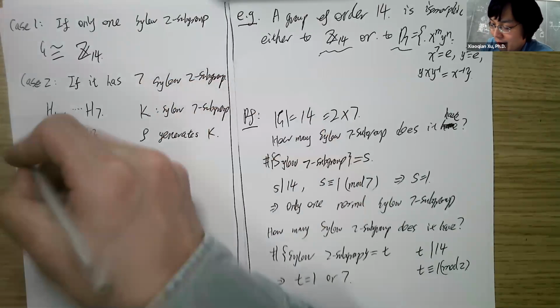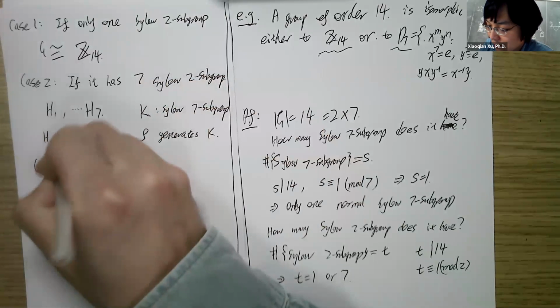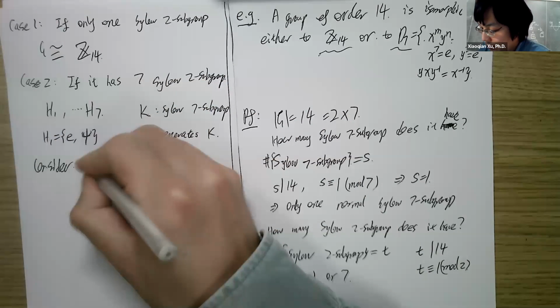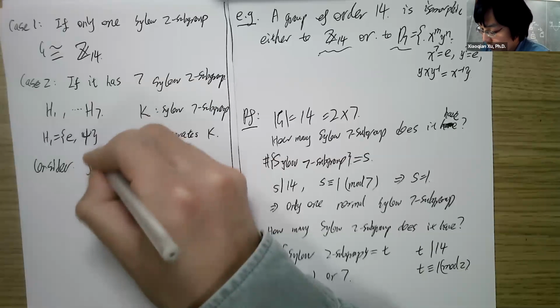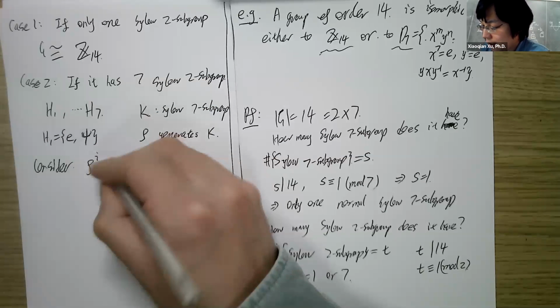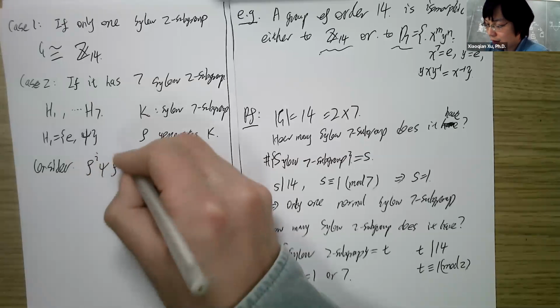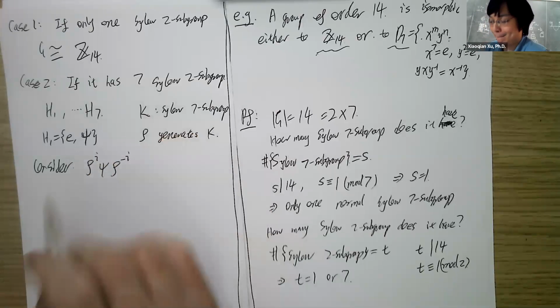Then let's consider rho to the power i, c, rho to the power minus i, which is the conjugate of c.